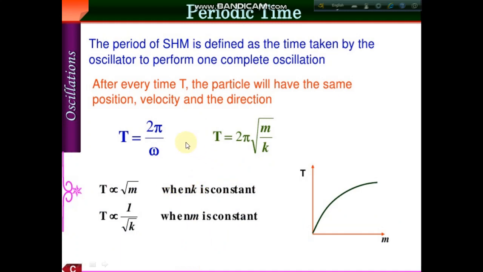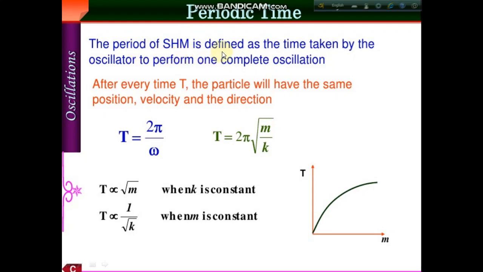Now this is the expression for the periodic time of simple harmonic motion. What is the periodic time? The period of simple harmonic motion is defined as the time taken by the oscillator to perform one complete oscillation.